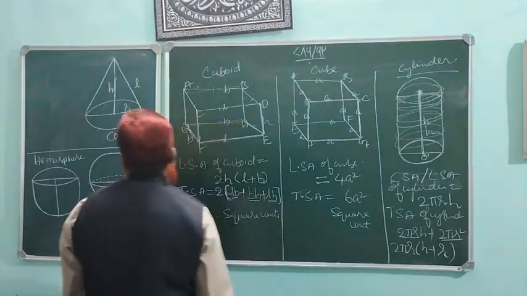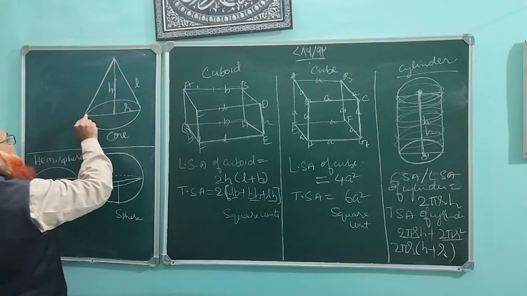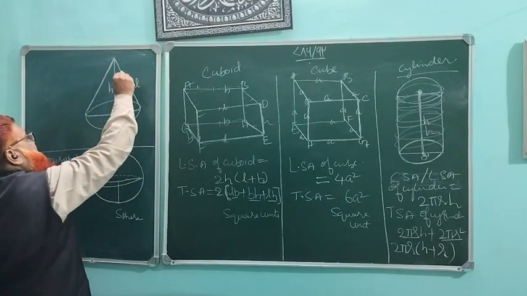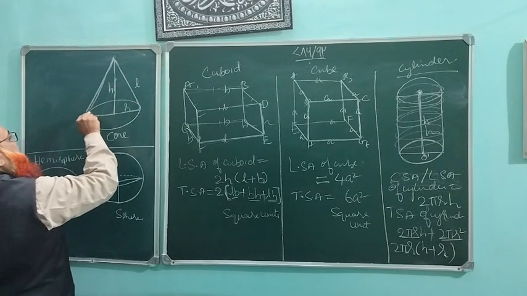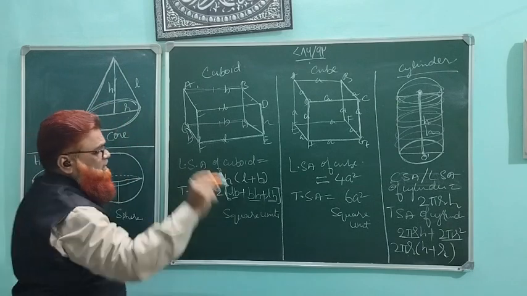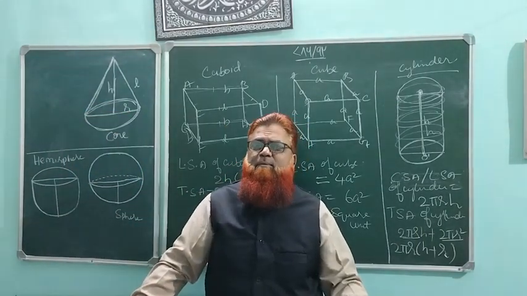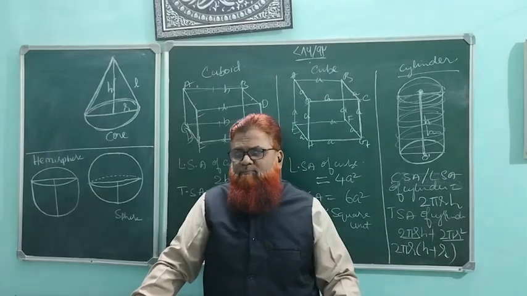Now coming to the next, it is a cone. Generally, cone, you know that one: birthday cap, ice cream cup, many more things we have conical in shape. And the joker cap is conical in shape. So what is a cone?